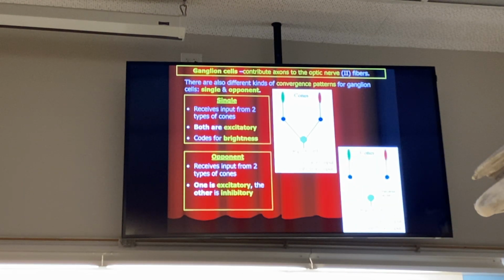If one is inhibitory and one is excitatory, it's called an opponent convergent pattern. And this gives your brain information about the specific color. What color of the rainbow is it? That's opponent. How bright is that color? That's single.